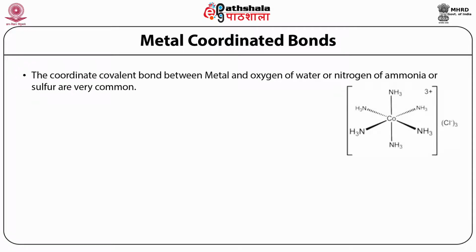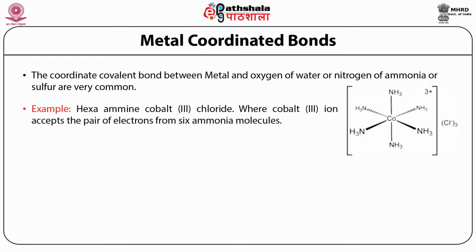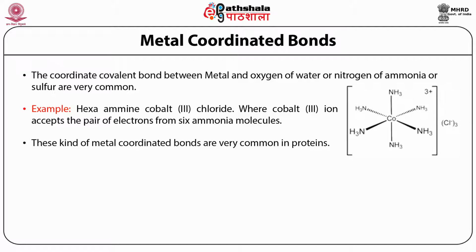The coordinate covalent bond is formed between a metal and the oxygen of water, aspartic acid, or glutamic acid, the nitrogen of ammonia or of imidazole in proteins, and the sulfur of cysteine, which are the most common. Here I have shown you the example of cobalt hexammine chloride, where cobalt 3+ accepts the lone pair of electrons from six ammonia molecules. These kinds of metal coordinated bonds are very common in proteins.